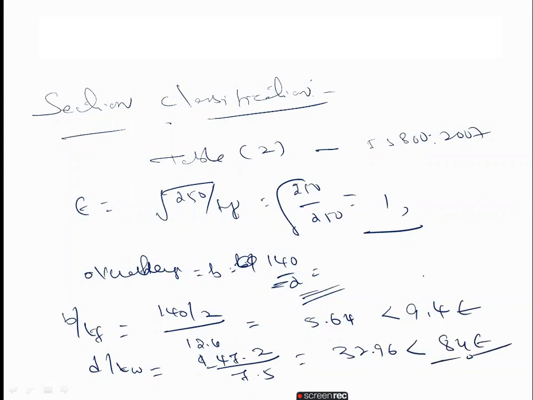Whenever epsilon is 1, this limit is 9.4 and this limit is 84. Both b by tf and d by tw we got are less than 9.4 and 84. That's why, if you observe Table 2 of IS 800 2007 on page number 18, this is satisfied and it is classified as class 1 section, that is a plastic section.